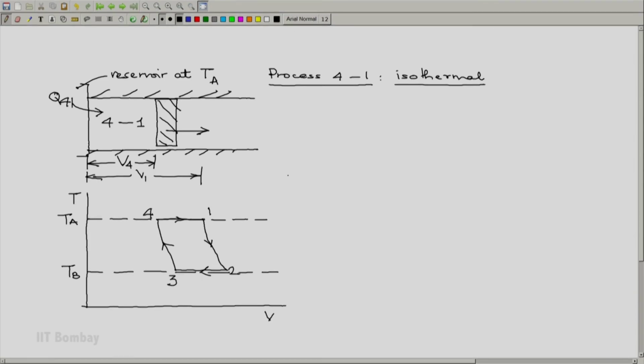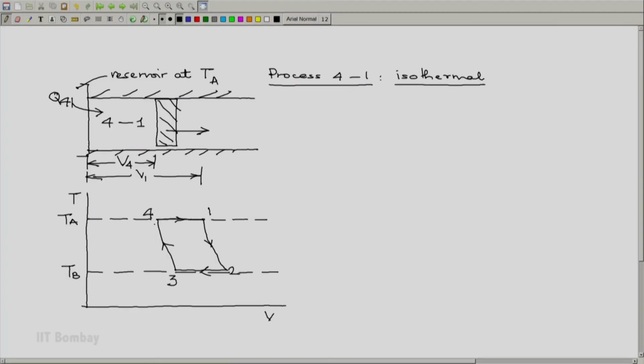Again, we should make it clear that since heat is absorbed during this process, the temperature at T4 and T1 should be slightly less than TA for heat to be transferred from the reservoir to our system. However, because we want everything to be reversible here, we will assume that T4, which is equal to T1 because it is an isothermal process, equals TA.